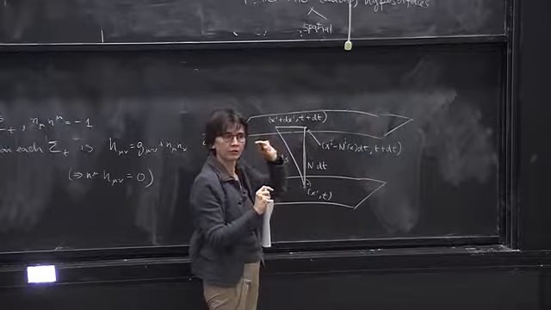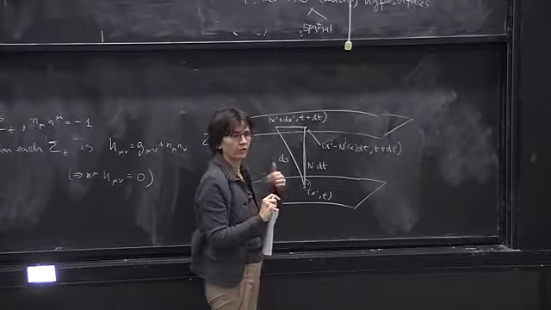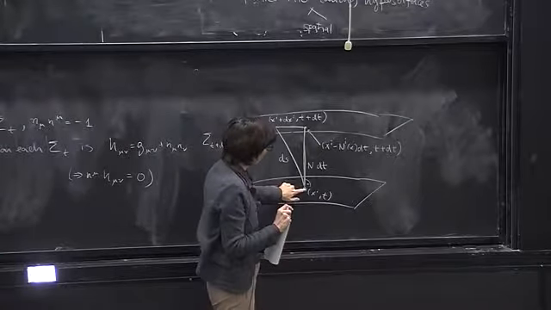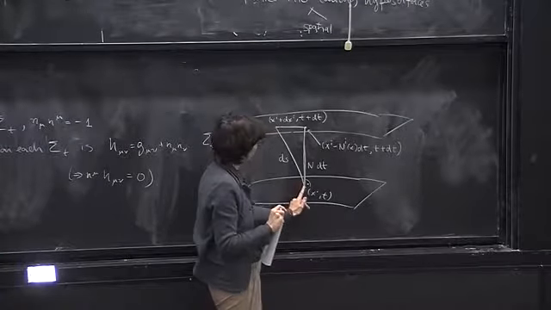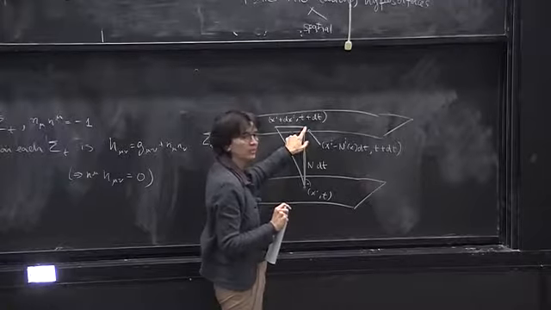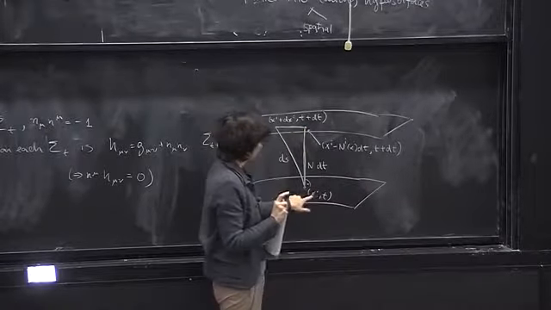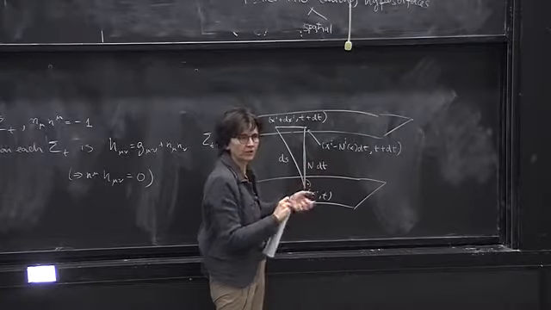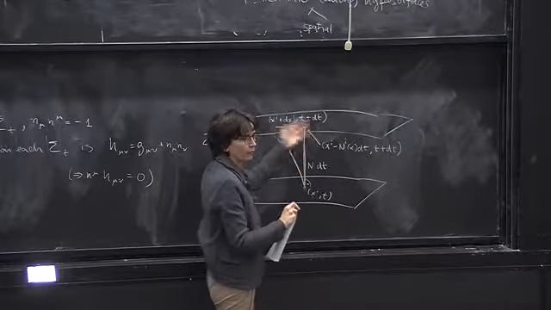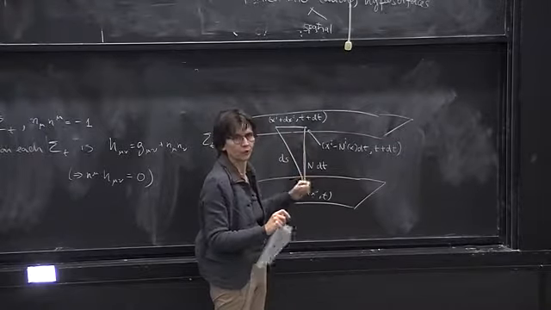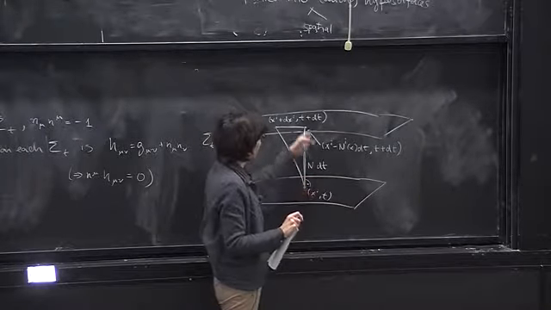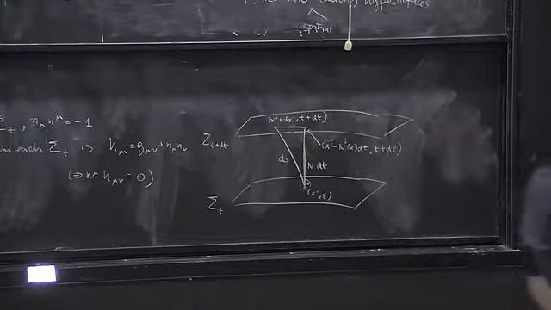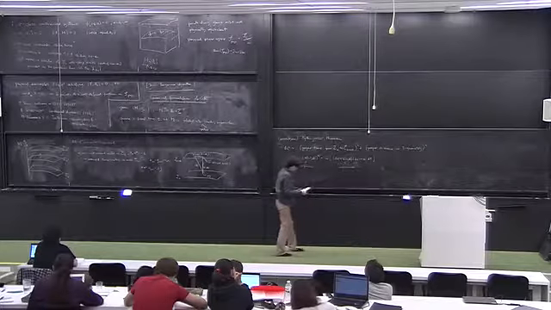So the special situation that the shift is 0 would correspond to a situation where, when I go up perpendicular, I meet the point that has exactly the same coordinate xi. This tells me something about how I've chosen my coordinates in the first place. If that was the case, then the shift was 0, but that doesn't necessarily have to be the case. And then you get a non-zero shift vector.